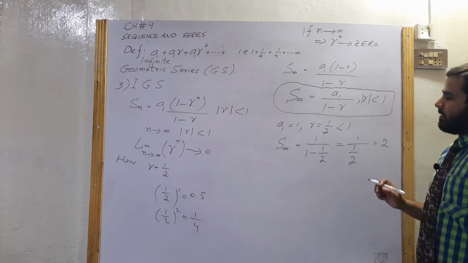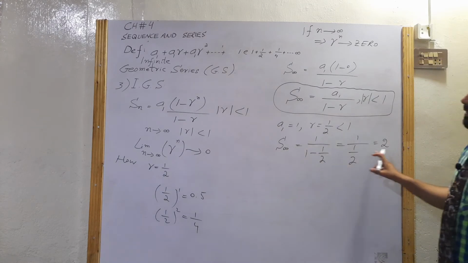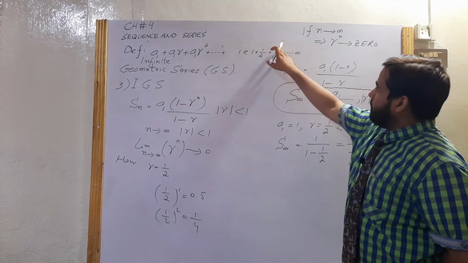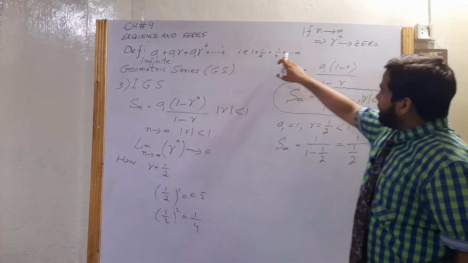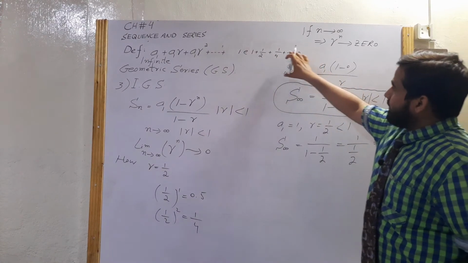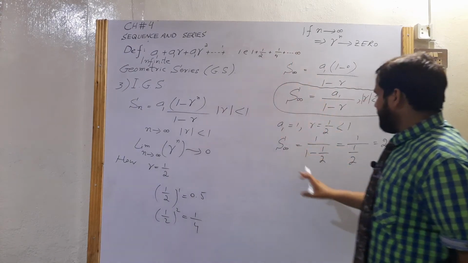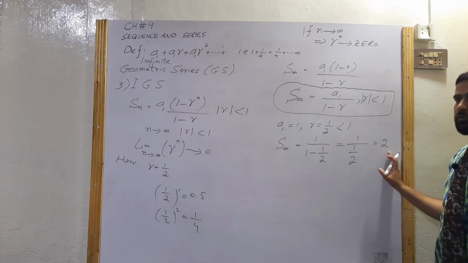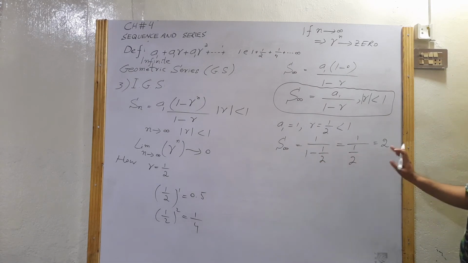It means that in this case the summation is 2, because 1, 1/2, 1/4 are very small values. So, the series in this case is convergent and the sum is possible.